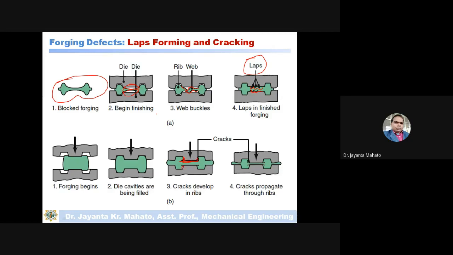At that angle there may be chances of formation of a crack like this in the forged product. So these two types of defects can be found. Okay, thank you.